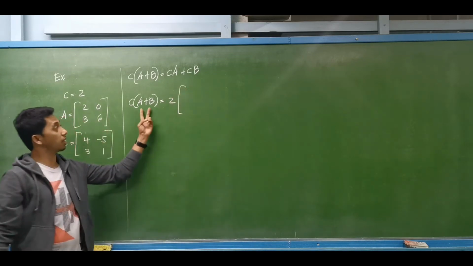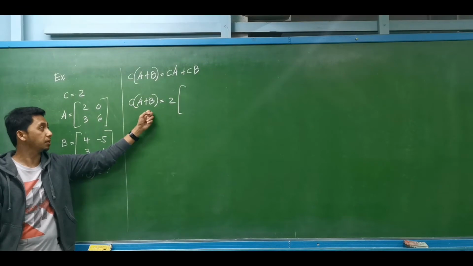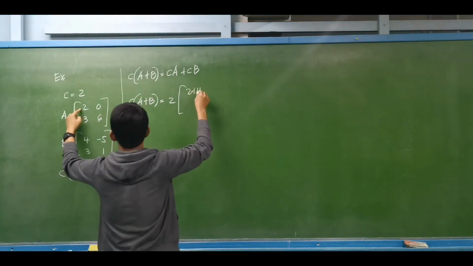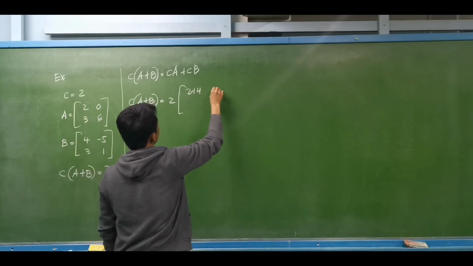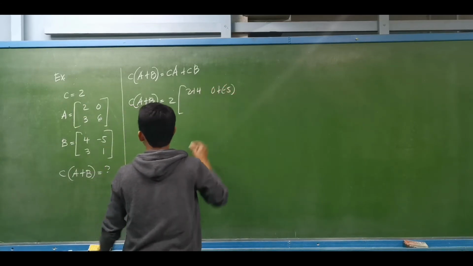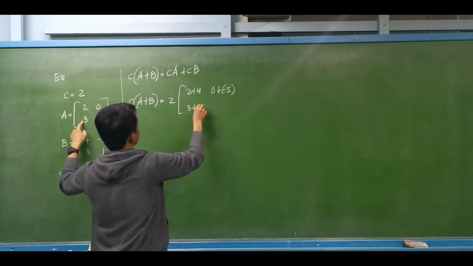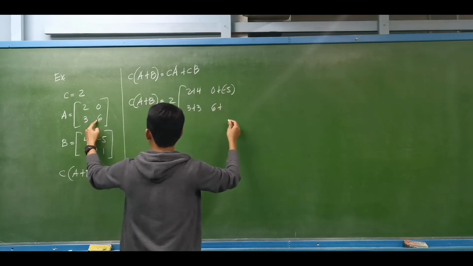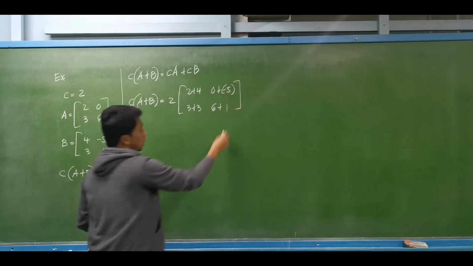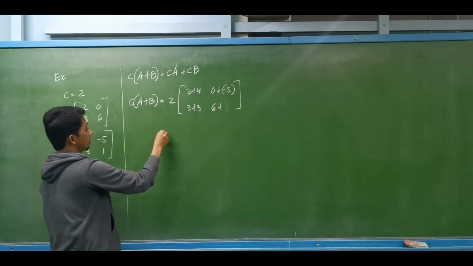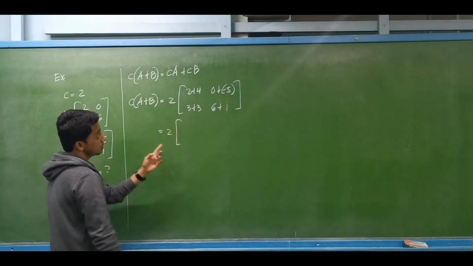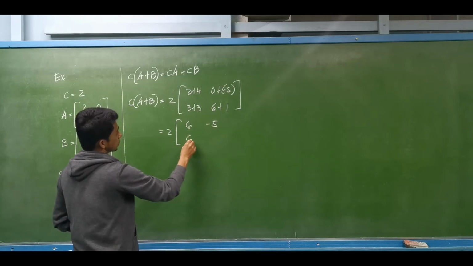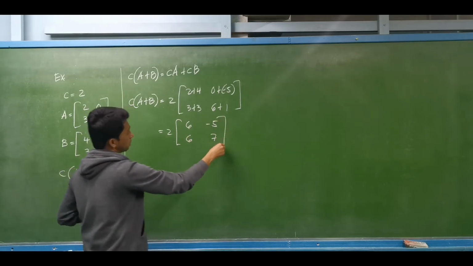We are just to add the elements of matrix A and matrix B. So that's the same as we have 2 plus 4, then 0 plus negative 5, 3 plus 3, then 6 plus 1. We simplify. This is now equal to 2 multiplied by 6, negative 5, positive 6 and positive 7.